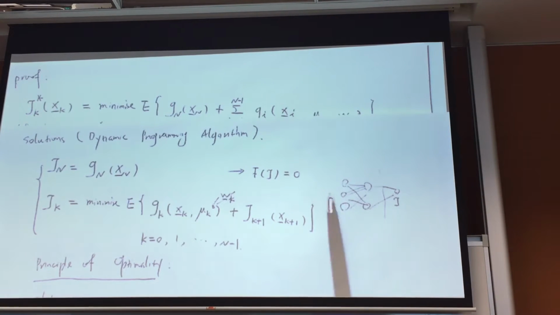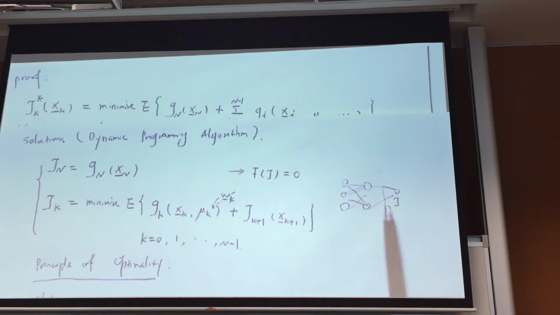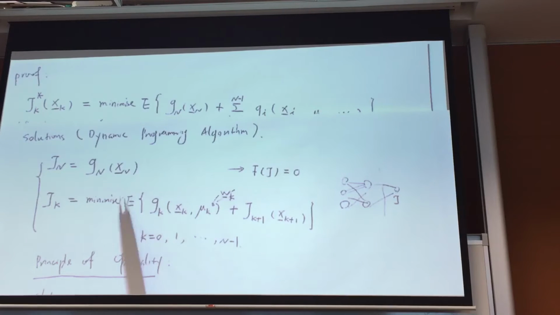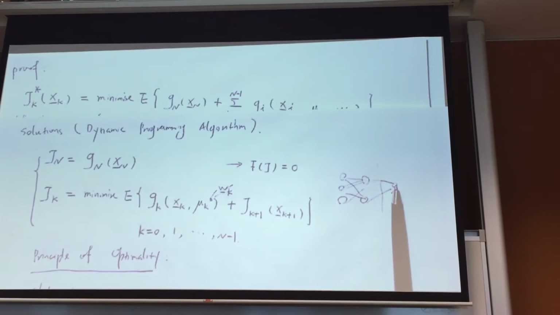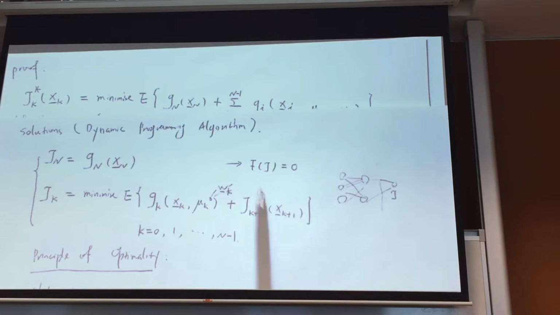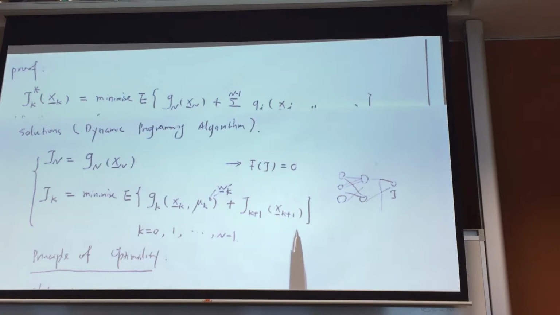So you just think about the graph example. We start from the destination, and we keep solving the problem backwards. You remember that we start from the destination and we keep solving the problems stage by stage and backwards.